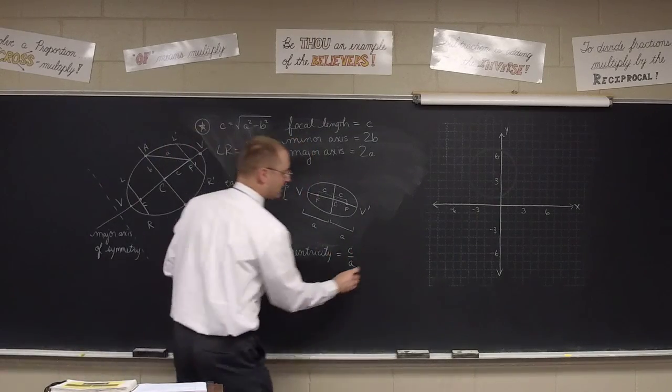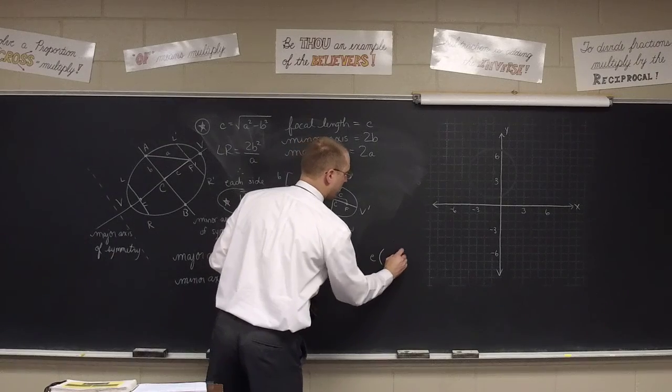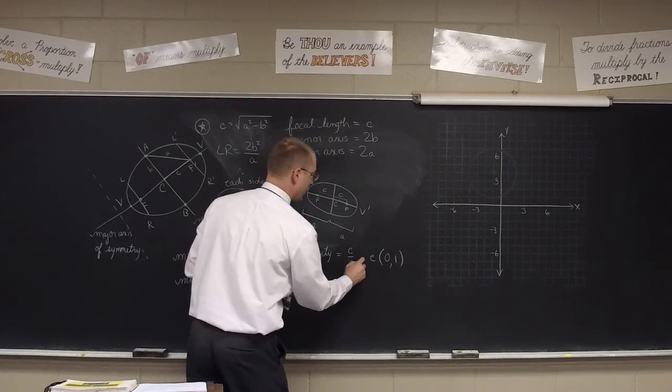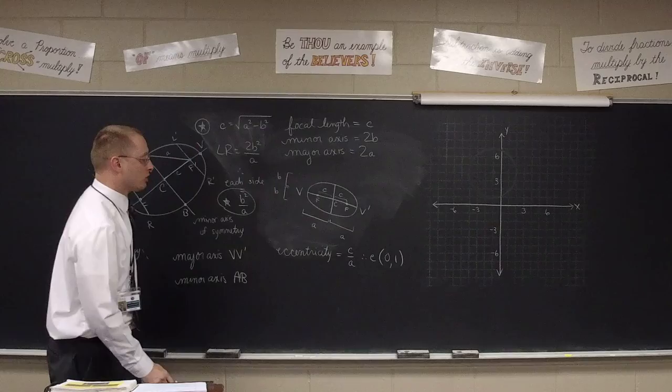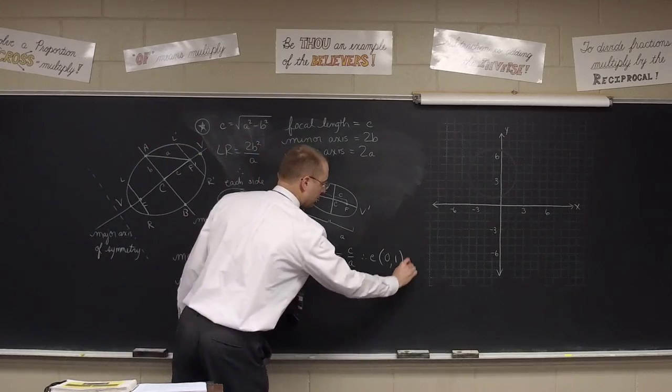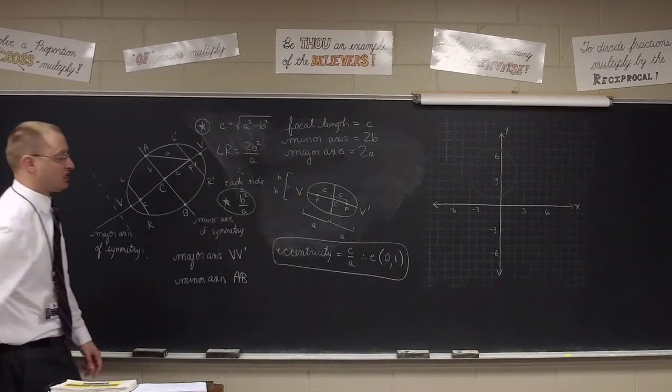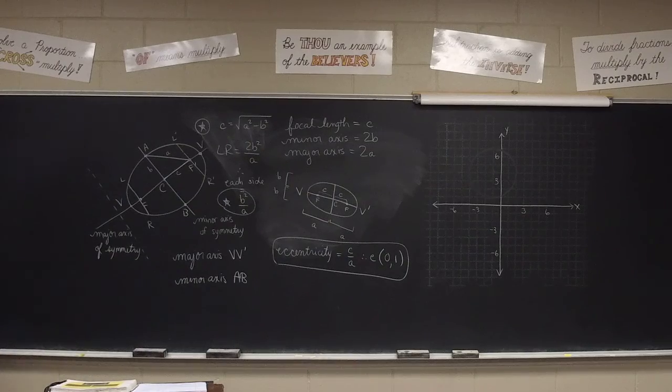So to find eccentricity, we make the ratio c over a, focal length to half major axis, and therefore the eccentricity will always be between 0 and 1.